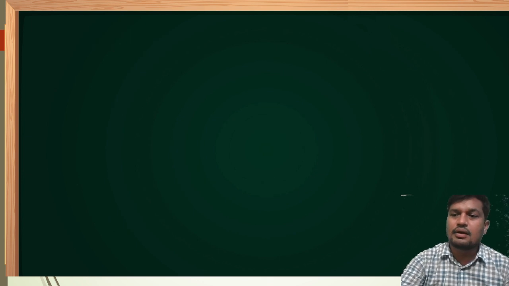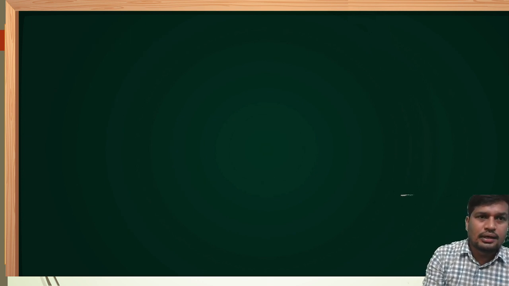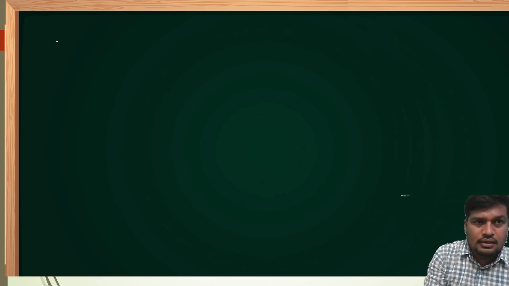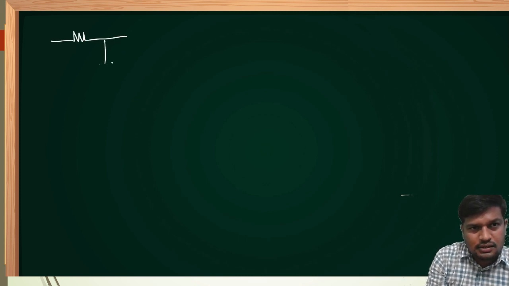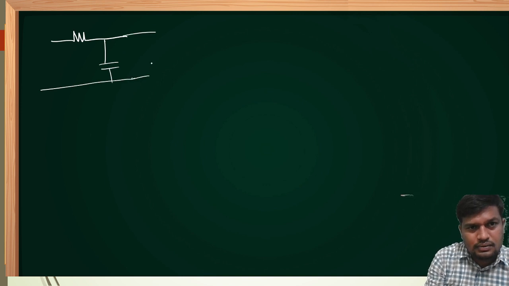Okay, now let me explain another circuit. Let's say this is a resistor, and a capacitor connected to an amplifier.